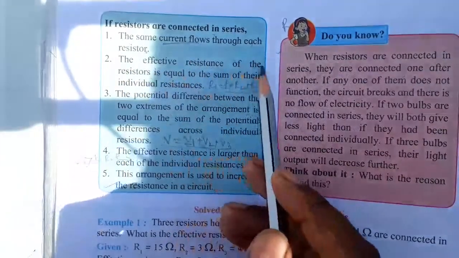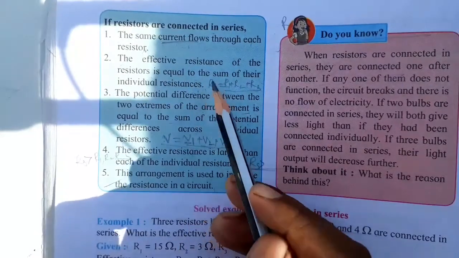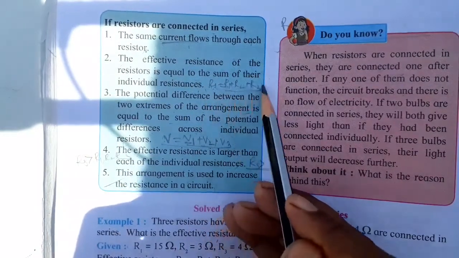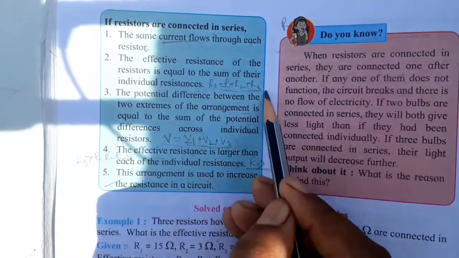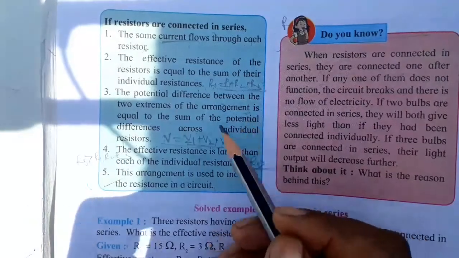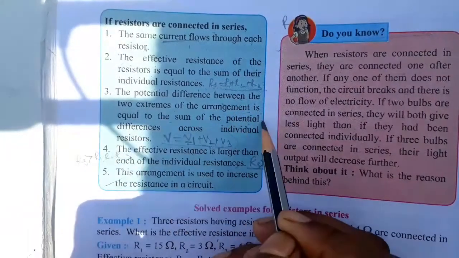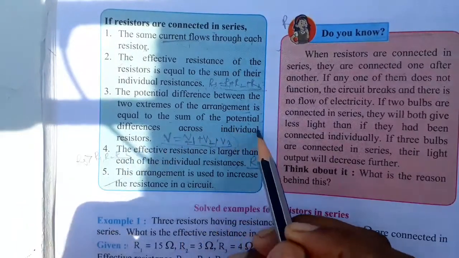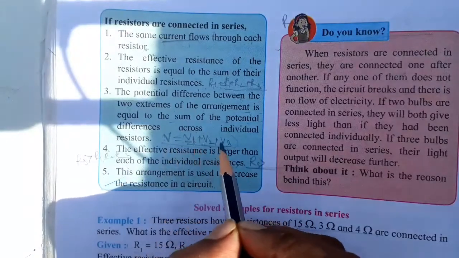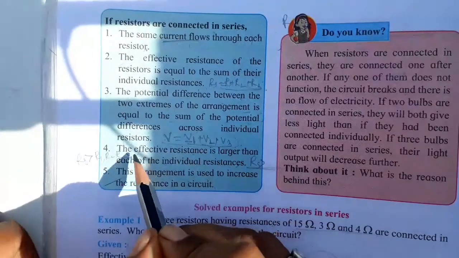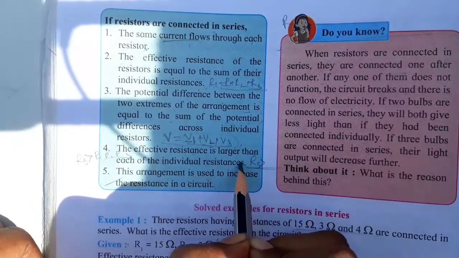The effective resistance is equal to the sum of their individual resistances, that means RS is equal to R1 plus R2 plus R3. After that, the potential difference between the two extremes of the arrangement is equal to the sum of the potential differences across individual resistances. That means V is equal to V1 plus V2 plus V3.